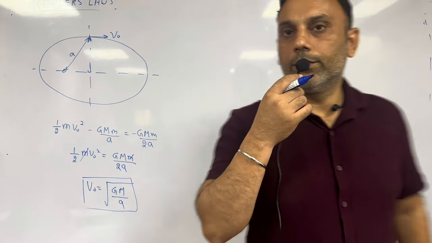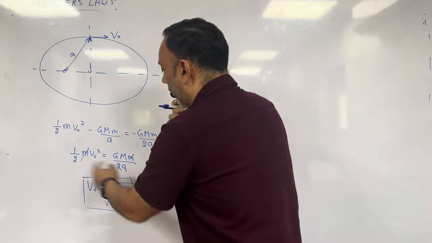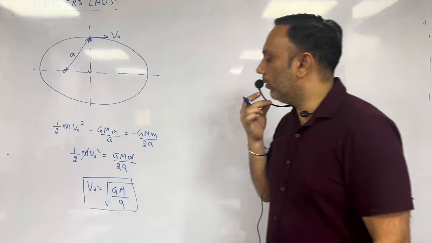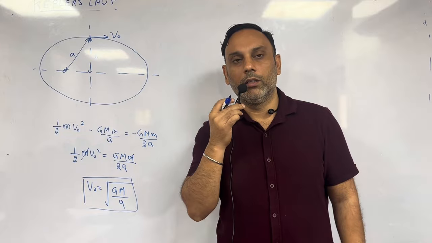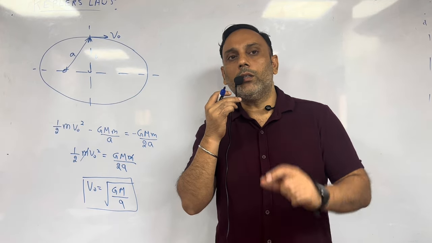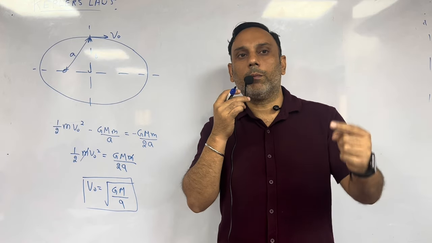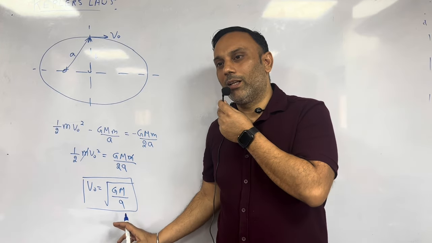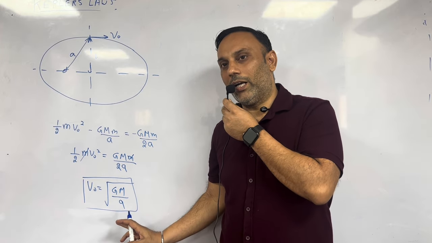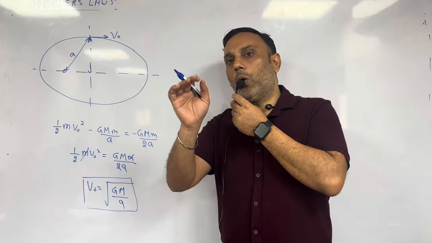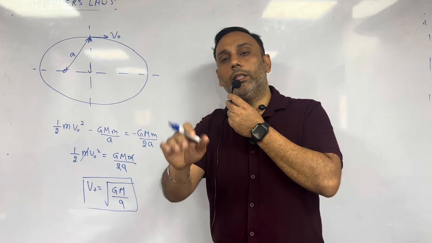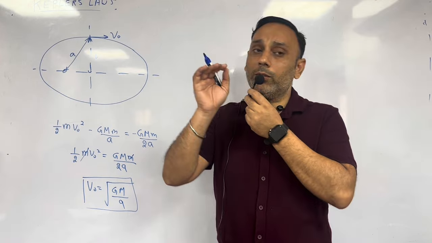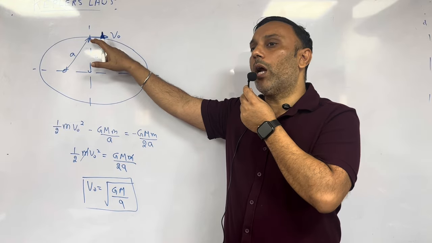Now, why am I giving importance to this relation? Velocity at the semi-minor axis point is under root G M by A. And when you talk about circular orbits, which I will explain in the next section, we get the orbital velocity as this quantity, under root G M by R. So at any point, when the velocity is equal to the orbital velocity of that location, that point has to be the end point of the semi-minor axis.